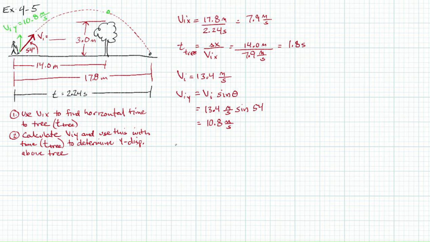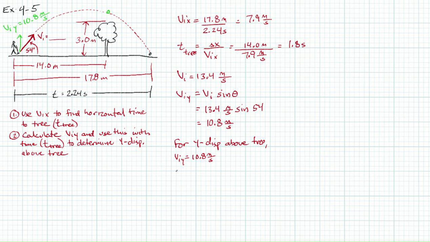I'm going to write this for y displacement above tree. I'm going to list everything we know about y. Initial velocity in the y direction, we just found that, that's 10.8 meters per second.